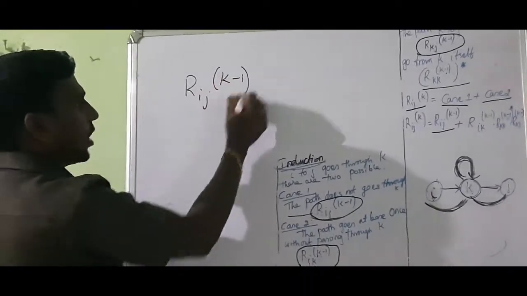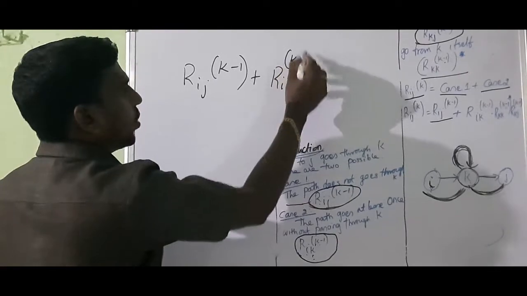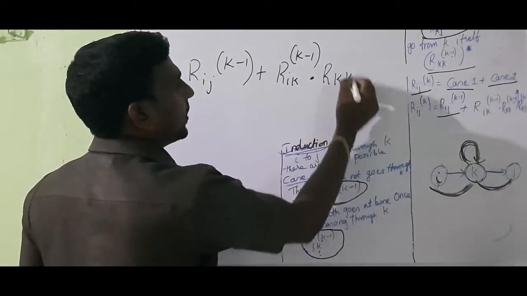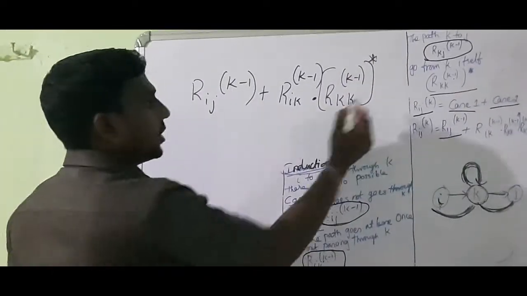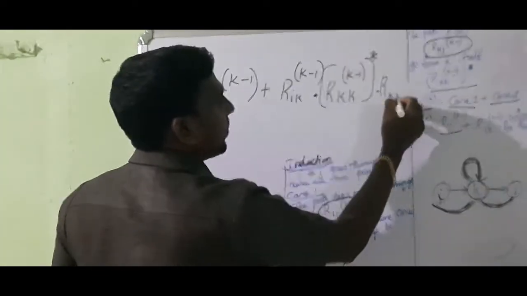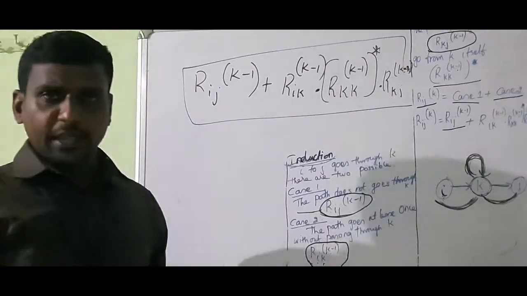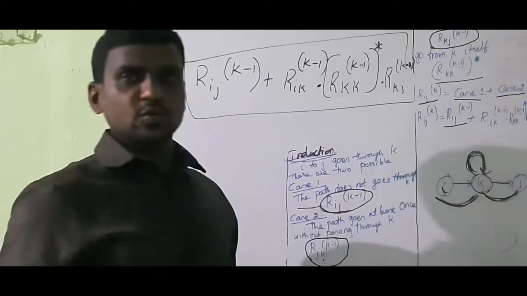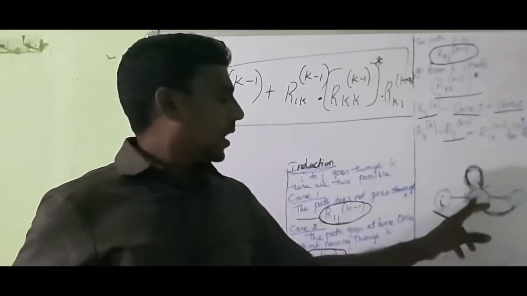So this is the formula you should remember: Rij power k equals Rij power k minus 1 plus Rik power k minus 1 into Rkk power k minus 1 the whole star into Rkj power k minus 1.